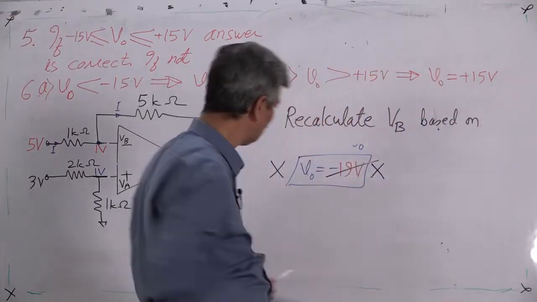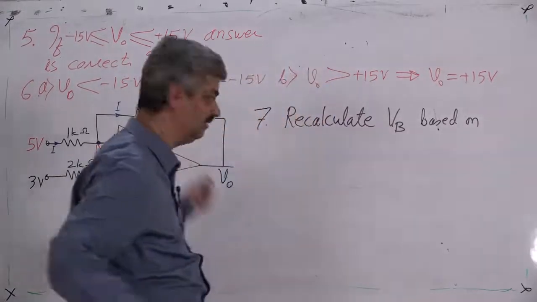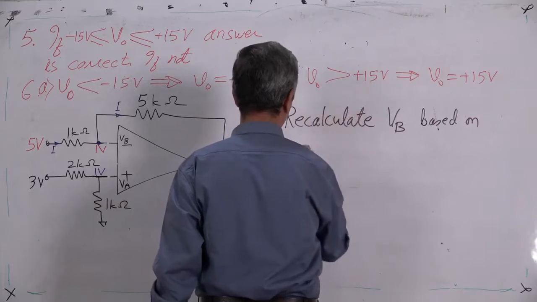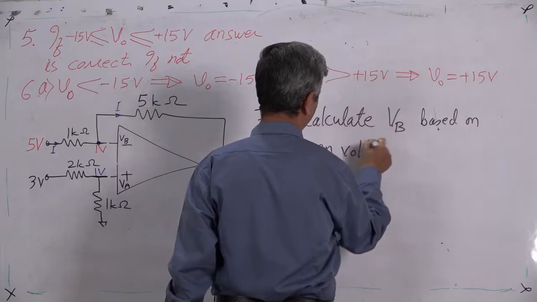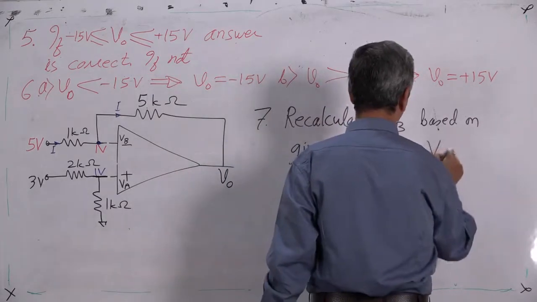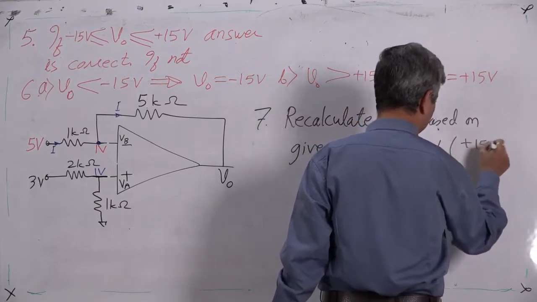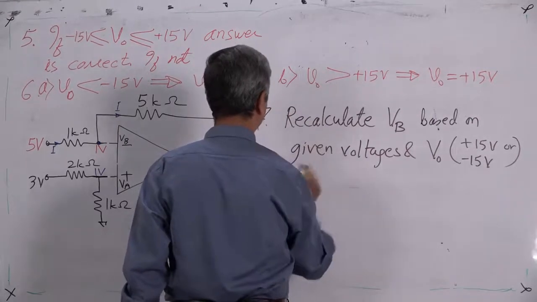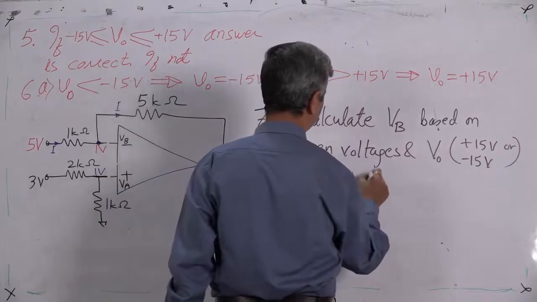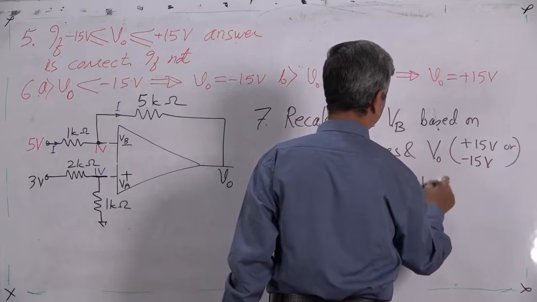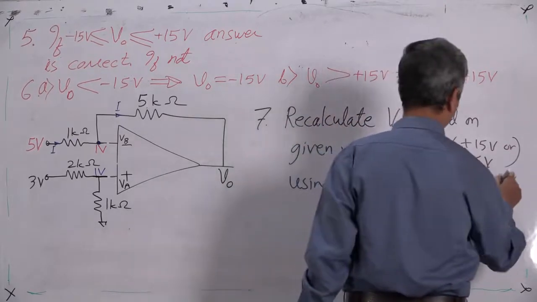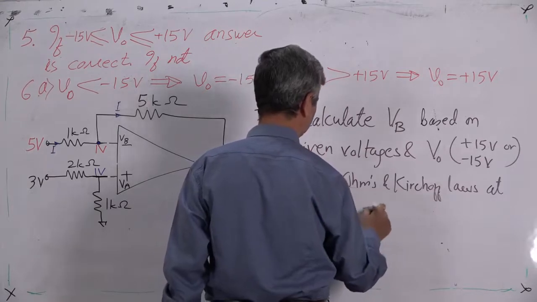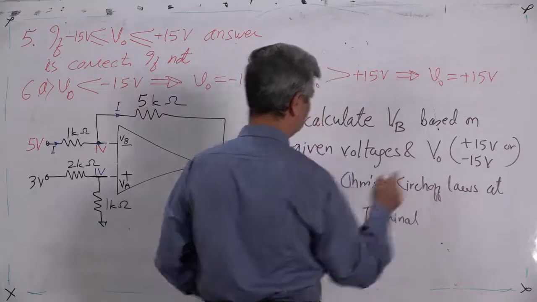Based on Ohm's and Kirchhoff's laws, because you know the given voltages and VO, which is either plus 15 or minus 15 as the case may be, using Ohm's and Kirchhoff's laws at the inverting terminal.